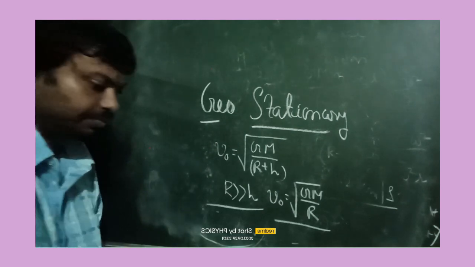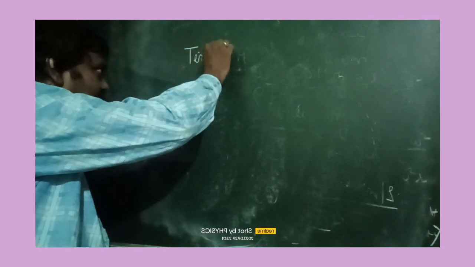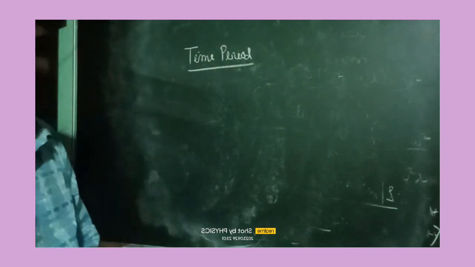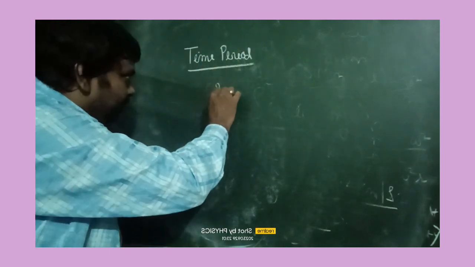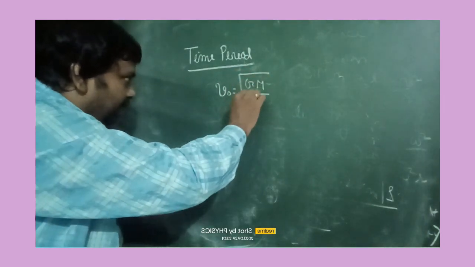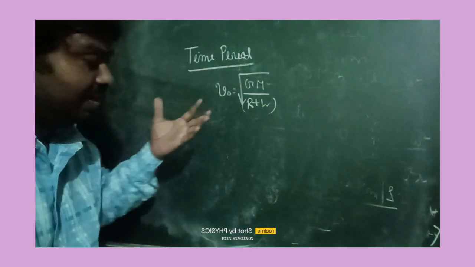So we have the expression of the orbital velocity of the artificial satellite; geostationary satellites are also artificial satellites. From that expression we will find the time period of the artificial satellite. We have V0 is equal to under root GM by (R plus h).